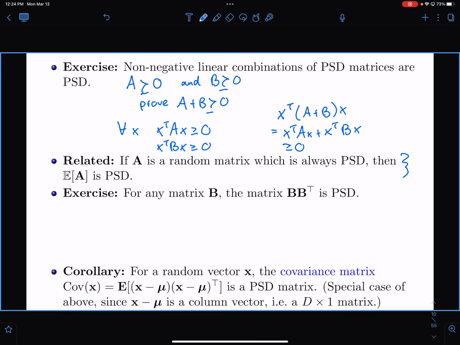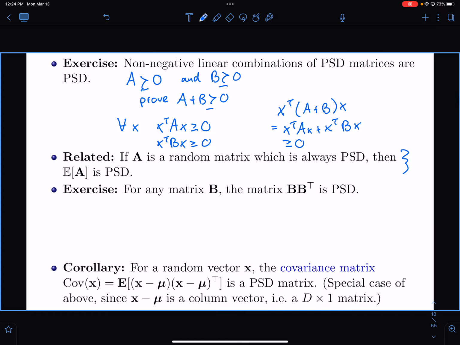The second property, which we deal with when we're talking about Gaussians later, is that for any matrix B, we want to show B B transpose is positive semi-definite. The way we do this is we consider some x, and then look at what x transpose B B transpose x is.